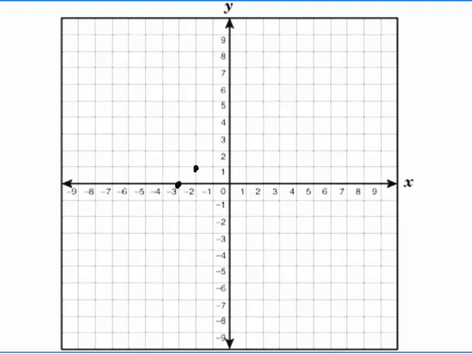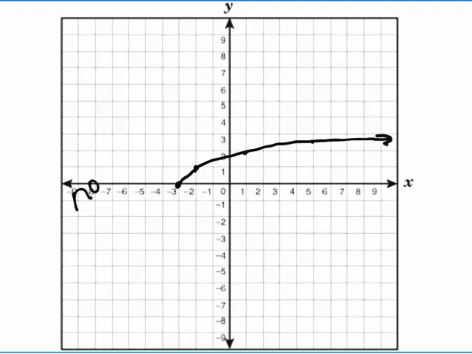Then our next point is x = 1, and y is 2. Then we have 2.83 for x = 5, and you just have to be approximate. Connect your lines, and there's your graph.